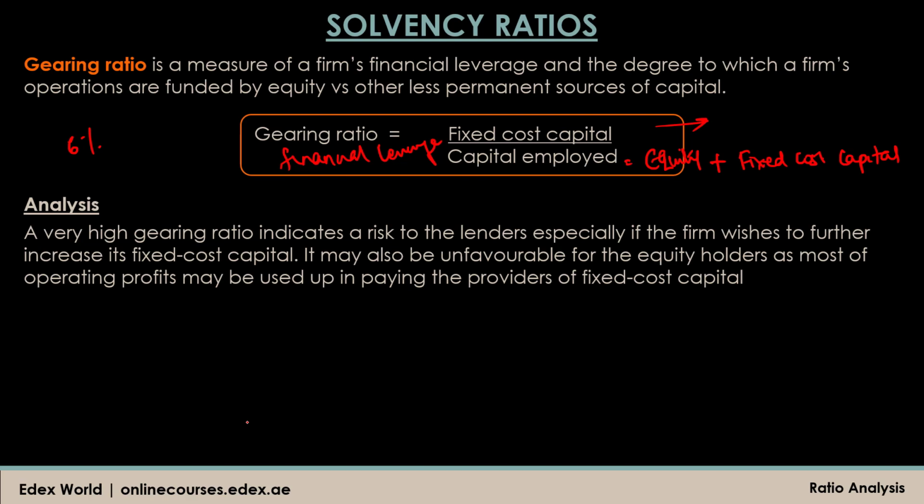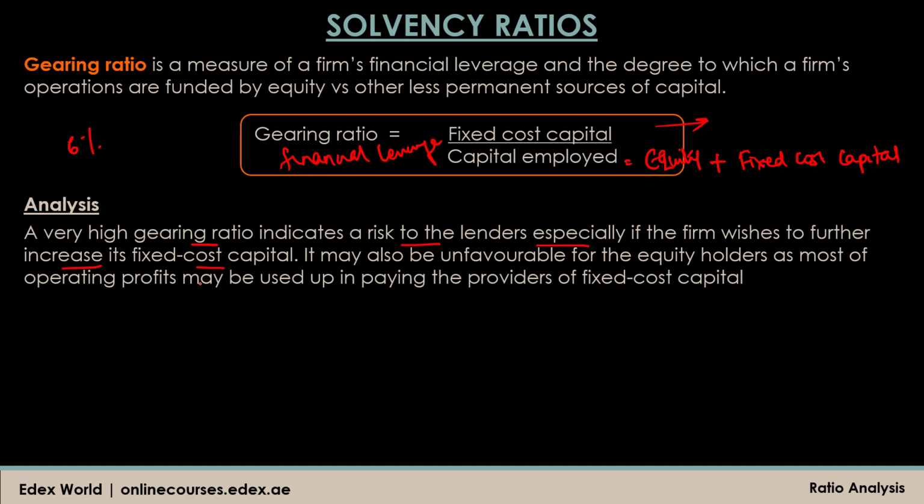So a high gearing ratio can be highly rewarding, and it can be very risky also. That is why a very high gearing ratio indicates a risk to the lenders, especially if the firm wishes to increase its fixed cost capital. Currently, most of the firm's capital is financed through fixed cost capital, and if the firm wishes to take more loan, the bank will really think once, because if the gearing ratio is already very high, it shows a very risky situation already.